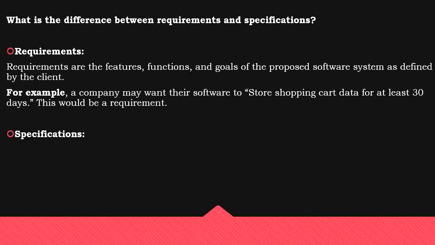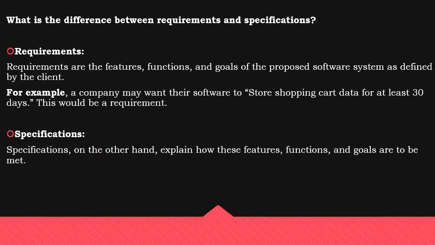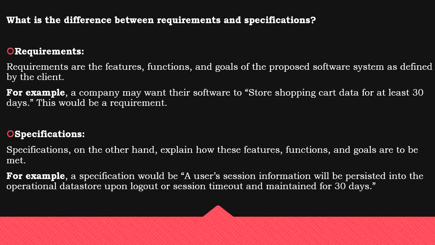Whereas the specification, on the other hand, explains how these features, functions, and goals are to be met. For example, a specification would be: user session information will be persisted into the operational data store upon logout or session timeout and maintained for 30 days.